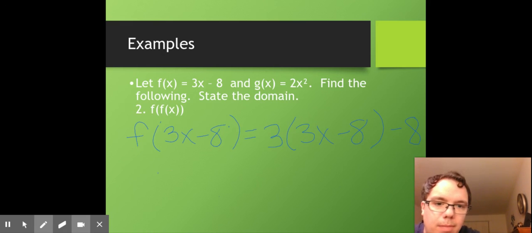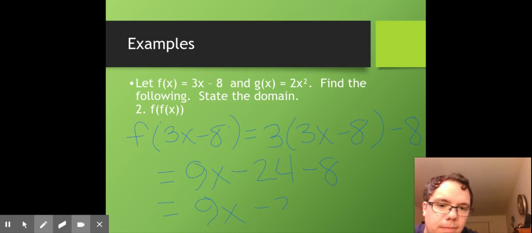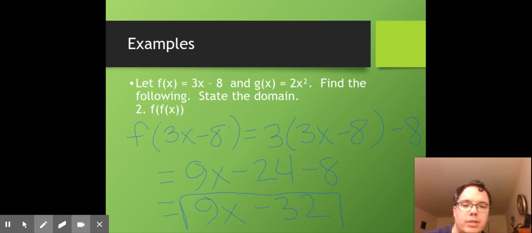So if I distribute my 3 through, I get 9x. 3 times negative 8 is negative 24, minus 8. And so if I combine my like terms, I get 9x minus 32. That is as simple as it can get. There's no more like terms, no more distributing. So f of f of x is 9x minus 32.